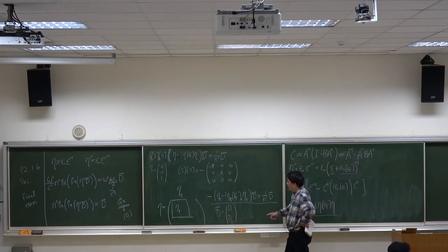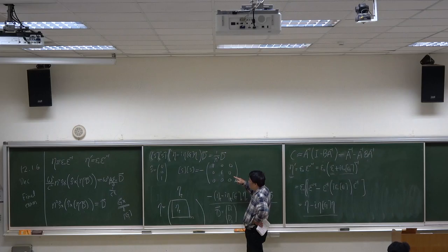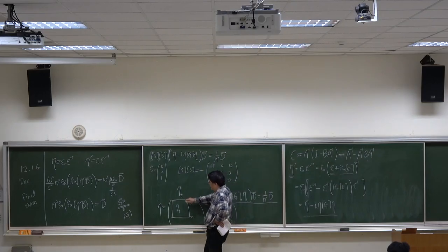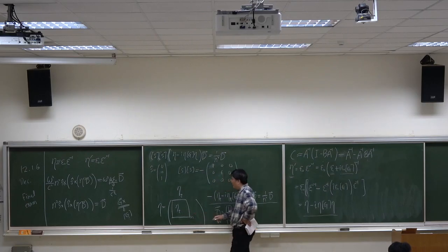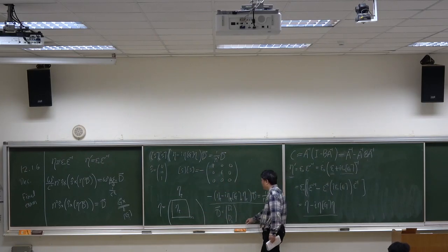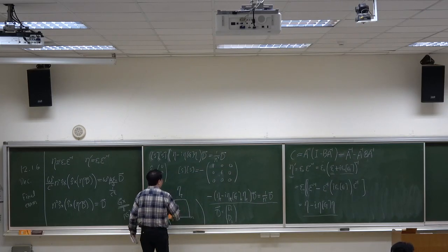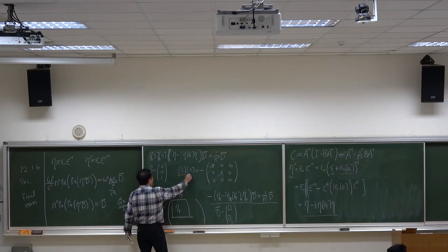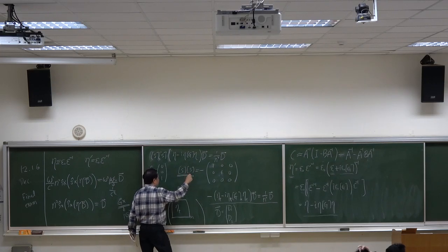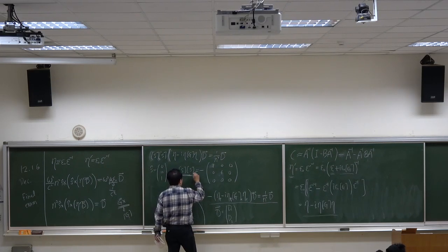Okay, and then in this case, only the 2 by 2 part of eta matrix are useful. And so we can write this as, and you can check that under this situation.